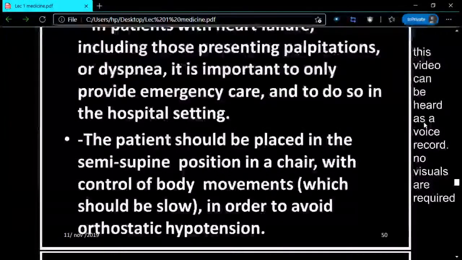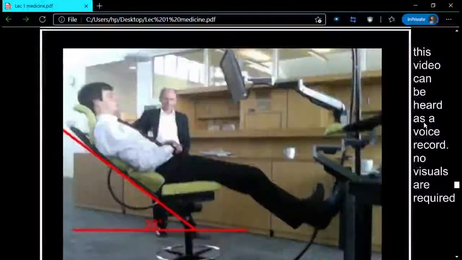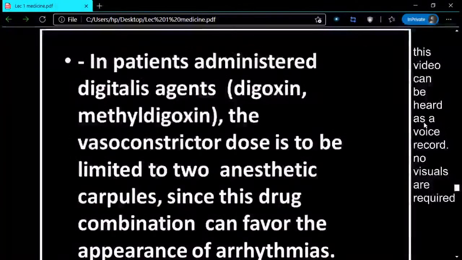They should be placed in an almost lying down position, and we should avoid hypotension. In this picture, some people can see it, but most people are hearing this lecture only.